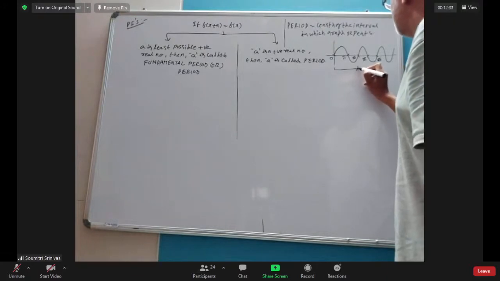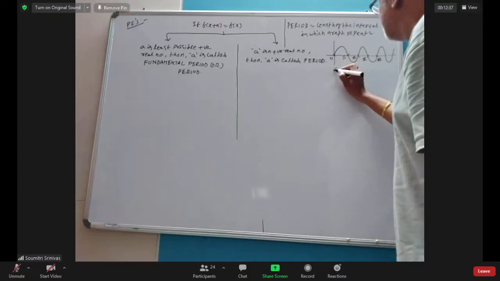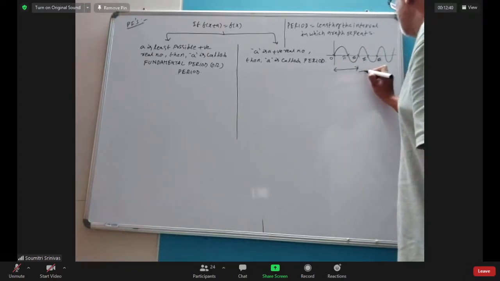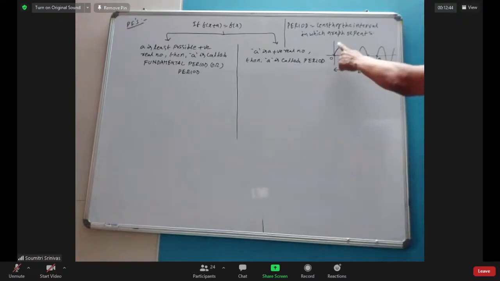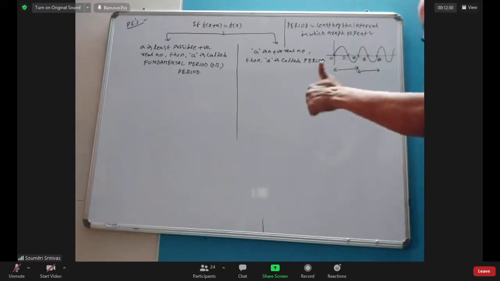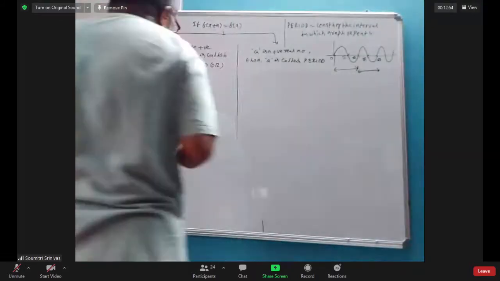Whatever is the graph from 0 to 2 pi is the same graph you have throughout. Whatever is the nature of the curve in 0 to 2 pi, we have the same nature throughout.